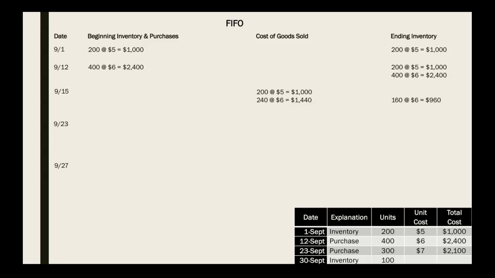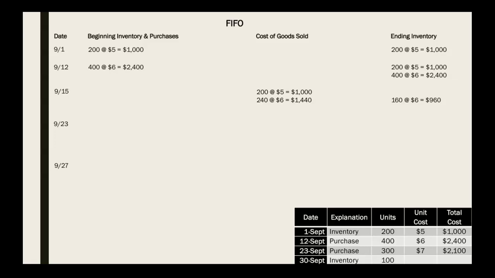So what we do is we first take the 200 at $5 a piece, and then that 240 comes from the next group of inventory. So we'll take those units from our inventory at $6 a piece. So for the sale that we're making, some of the units cost $5 a piece, some of the units cost $6 a piece.